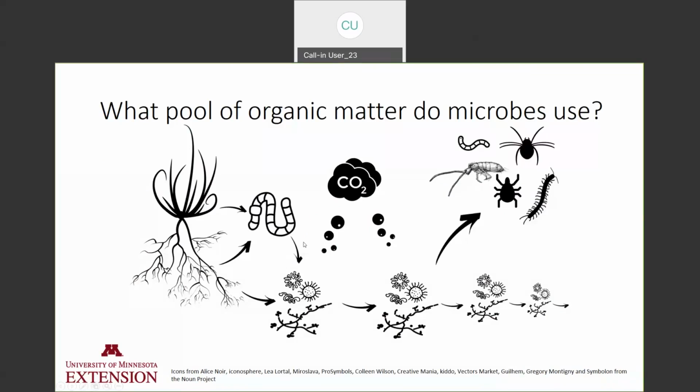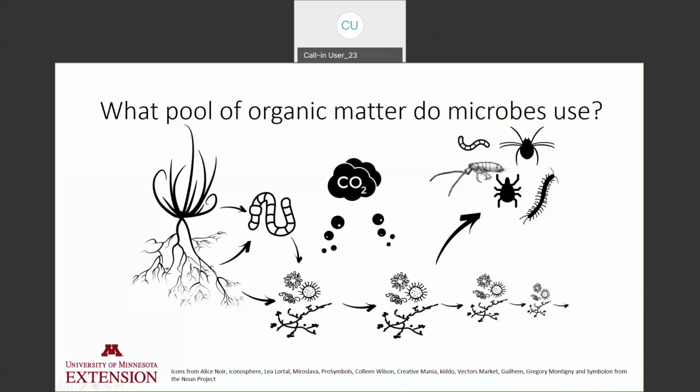So that's this arrow here, where something has already digested the organic matter and excreted it into smaller pieces that microbes can enjoy. Microbes do feed directly on plant molecules, especially root exudates, which are simple carbon compounds that plants spit out from their roots while they're photosynthesizing. And then microbes also feed on their own waste products. They essentially recycle their biomass for the next generation.